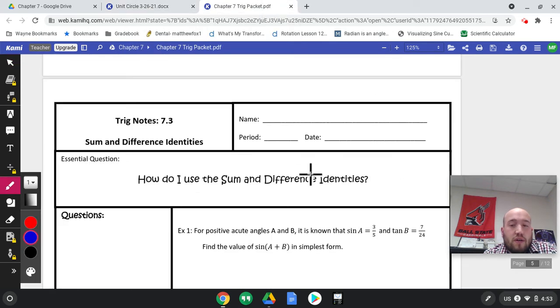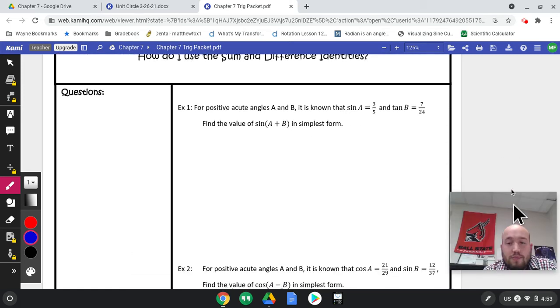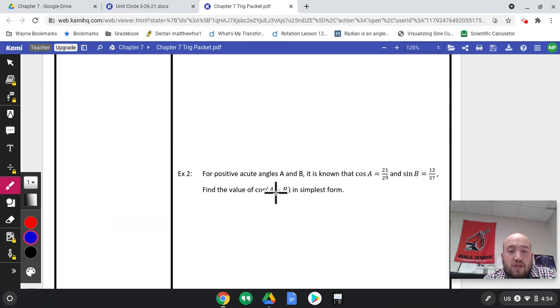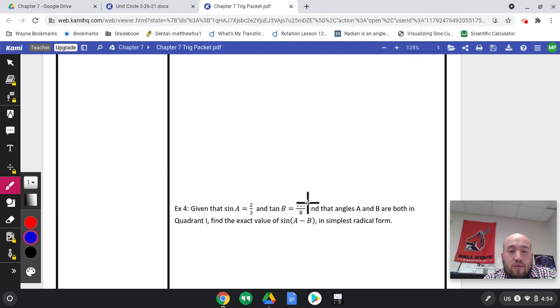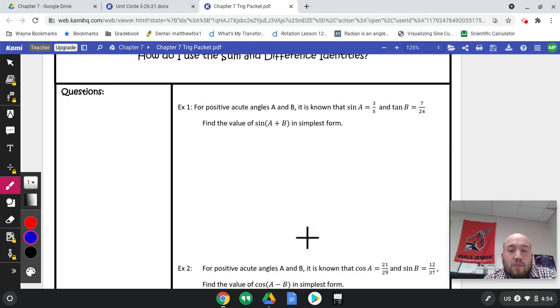What I recommend you do on all of these problems, whether it's sine of a plus b, cosine a minus b, cosine a plus b, or sine a minus b, whichever one it is, start by writing just what you need to know.